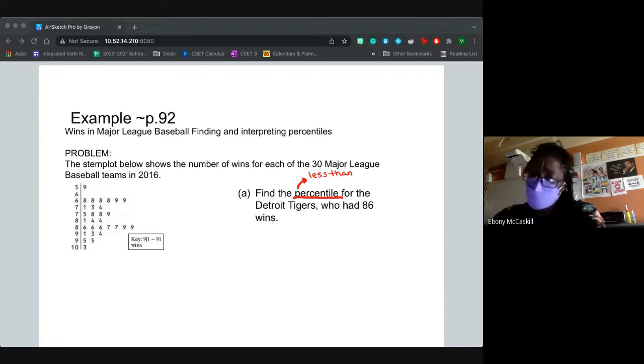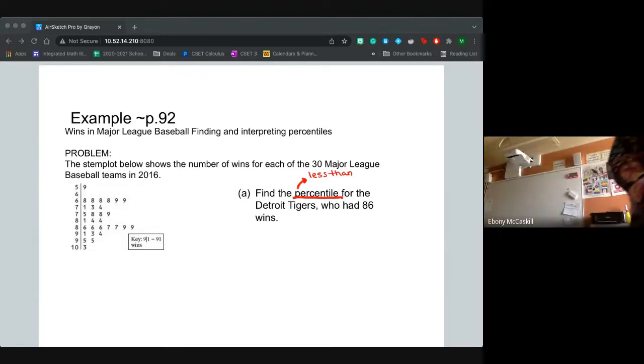Take a second, go back to your notes. You don't have to memorize it. Percentile, is it just less than? Or is there something else that I need? Look back in your notes and let's think about the word percentile.